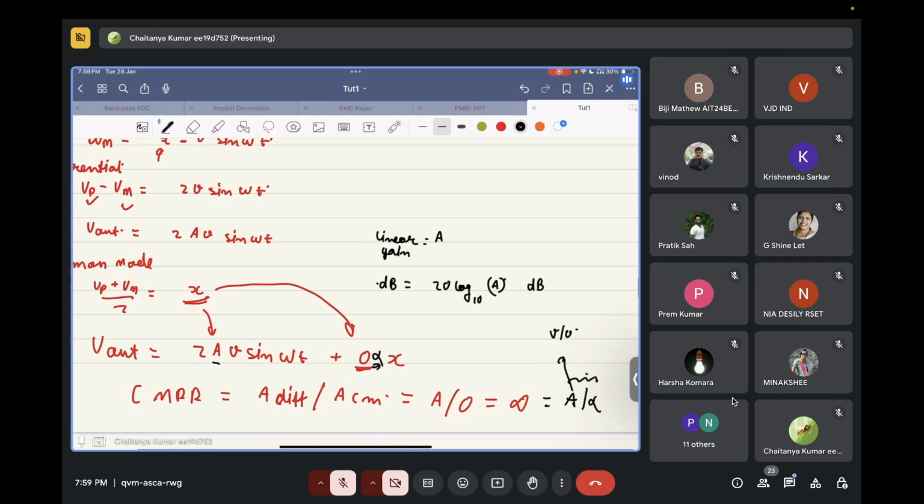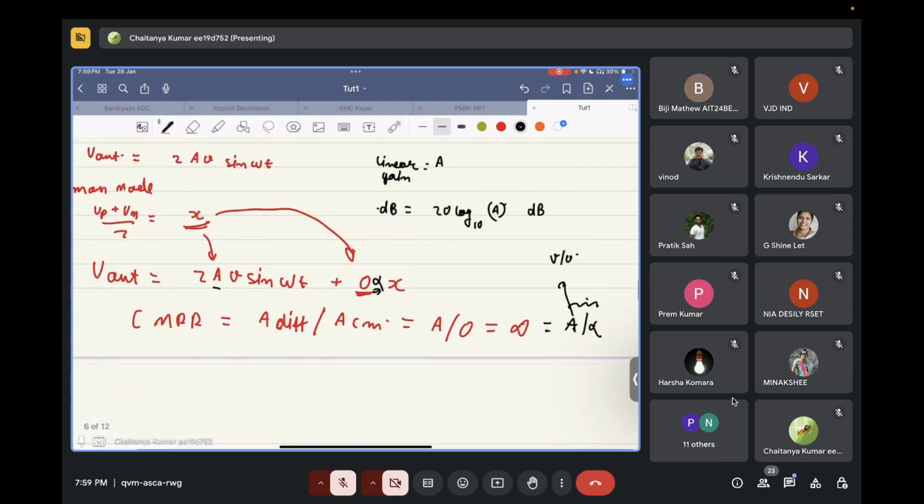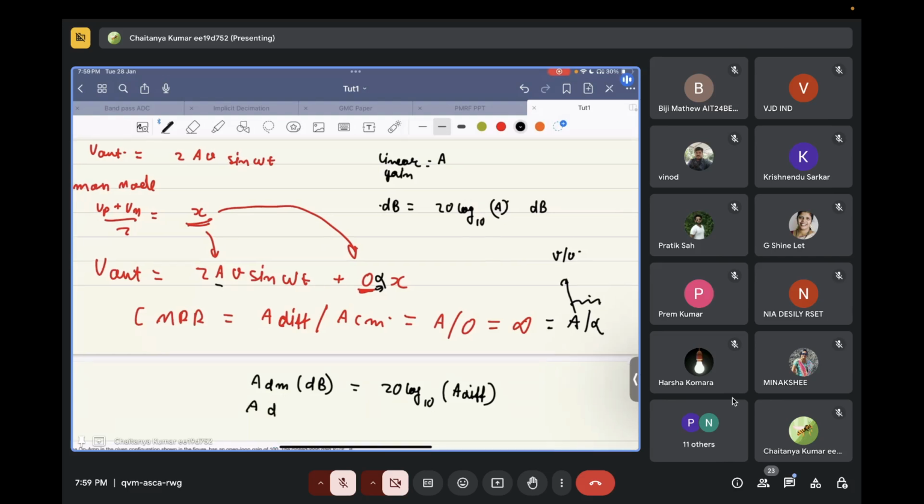So differential mode gain in dB will be 20 log 10 of A diff. Our common mode gain will be 20 log 10 of A common mode.